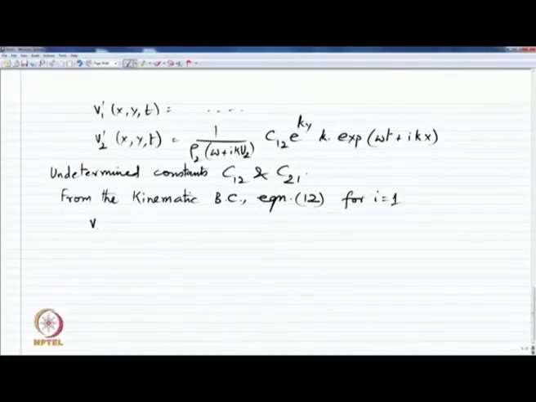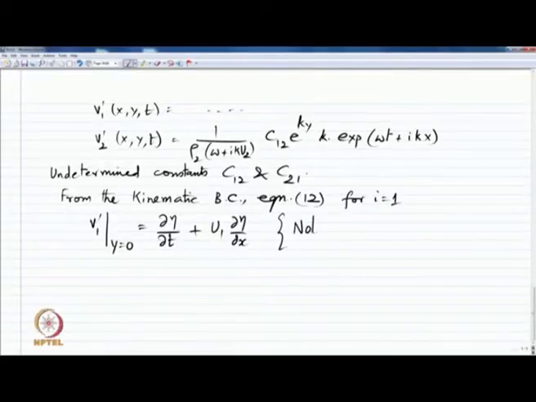So, let us write that down. What that says is V 1 prime evaluated at y equal to 0. Okay.